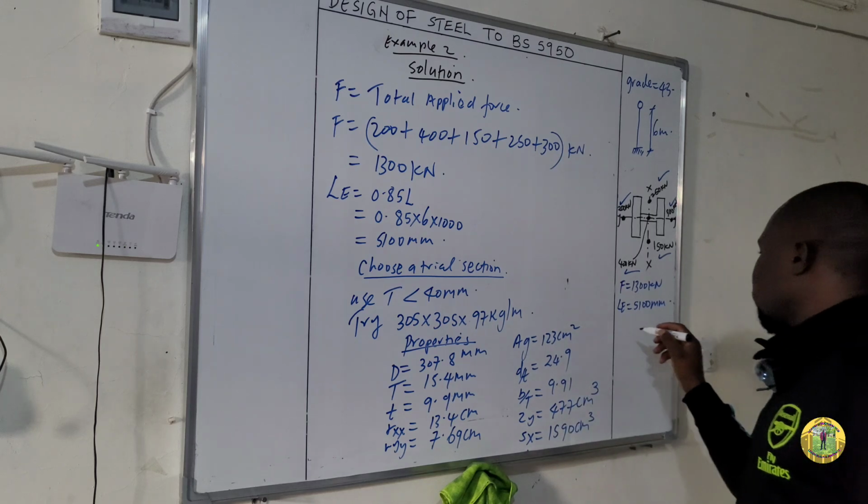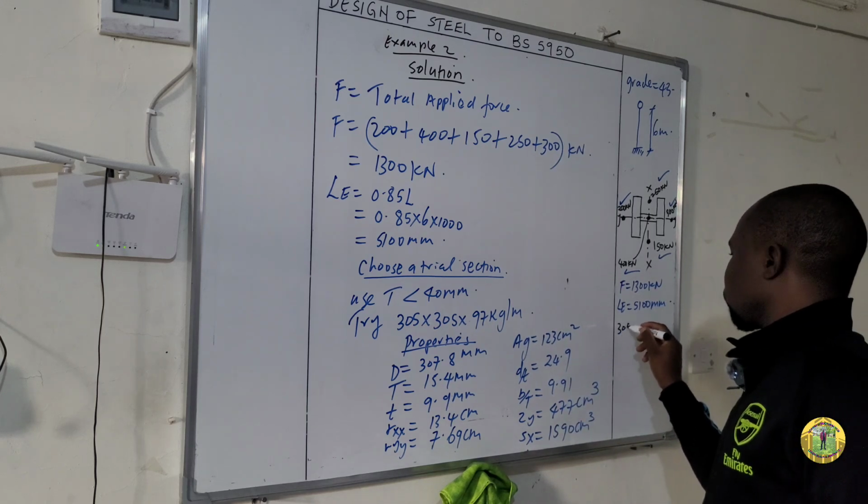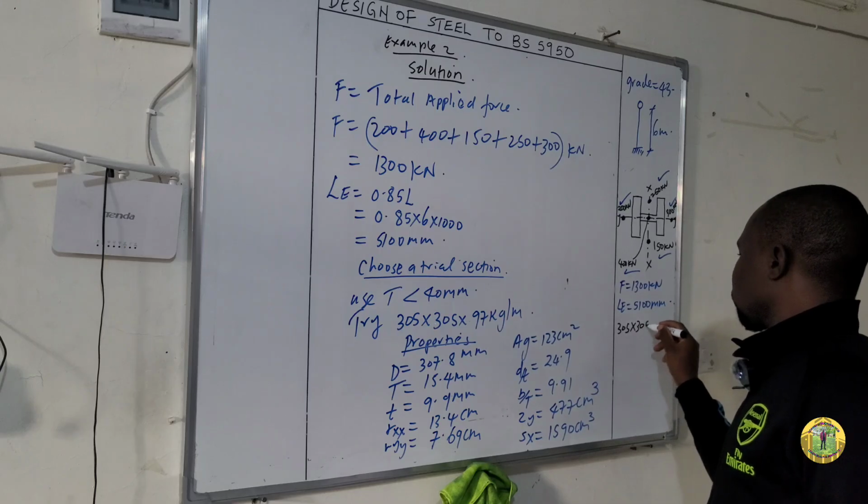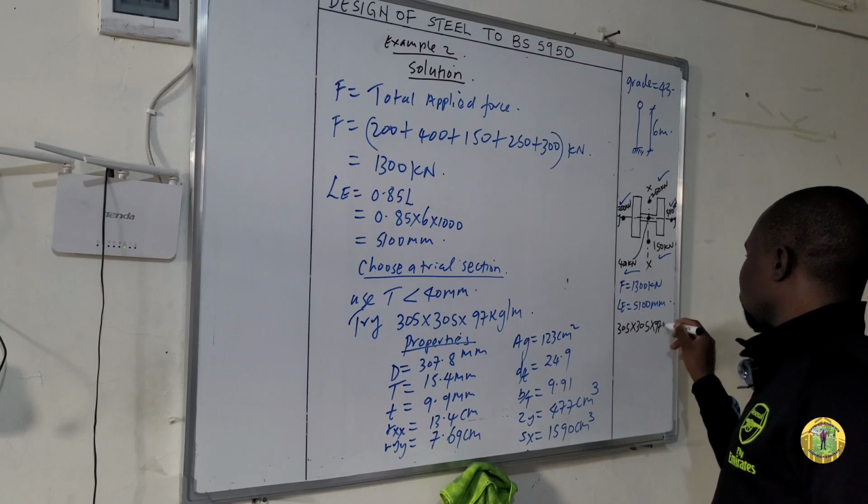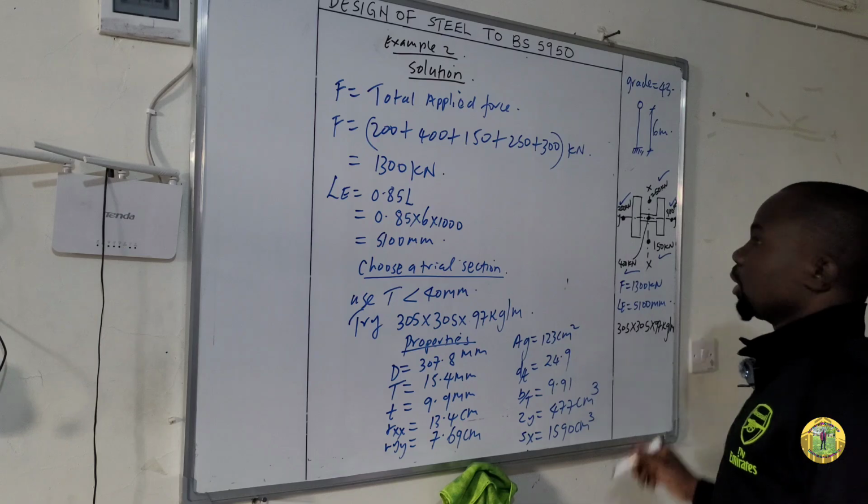So you have said try 305 by 305 by 97 kilogram per meter.